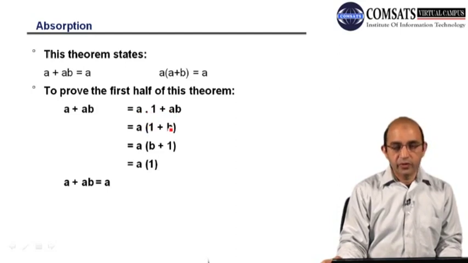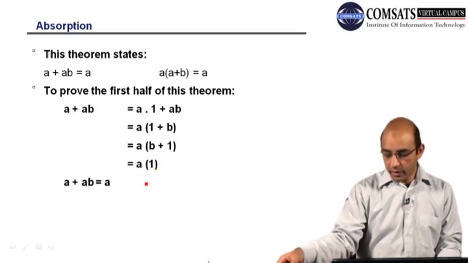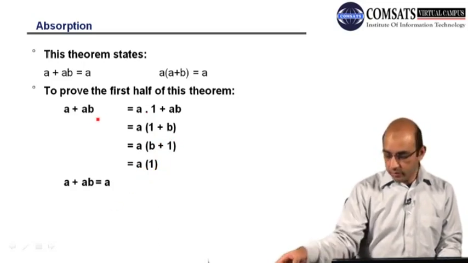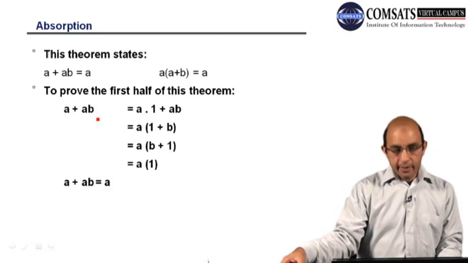So 1 plus B will always give a 1, right? Or 1 plus B or B plus 1, they are the same, right? So here A into 1 is equal to A, so hence we have proved that A plus AB is equal to A, right?